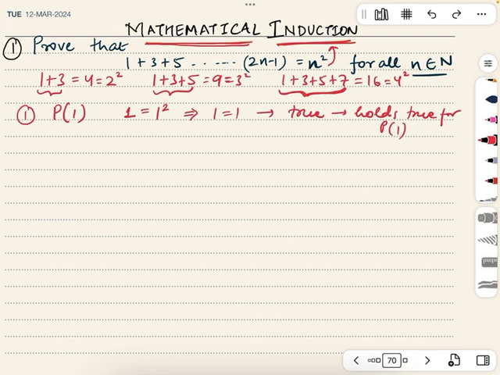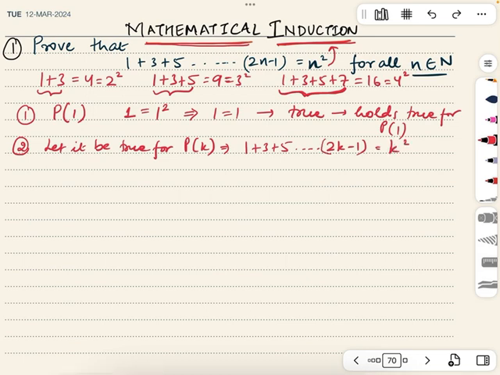Now let it be true for P of k. So I'll write the statement, which looks like 1 plus 3 plus 5 and so on till 2k minus 1 results in k square.